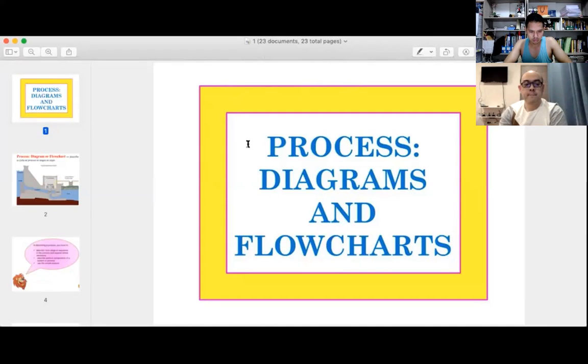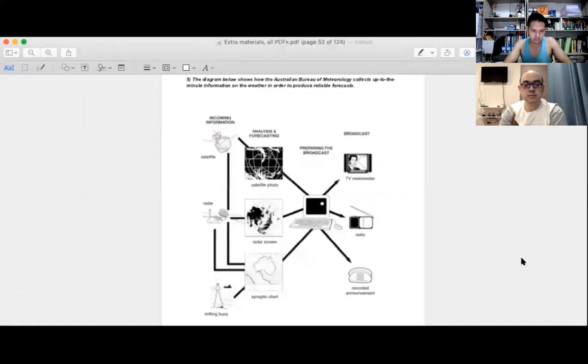I'm going to show you the question first. Please take a look at this picture and think, how would you describe this process in your own mind first? So let's go back.